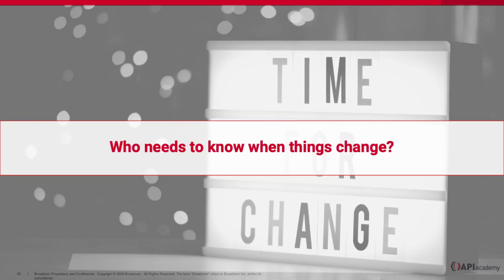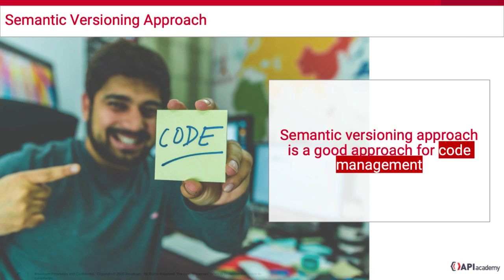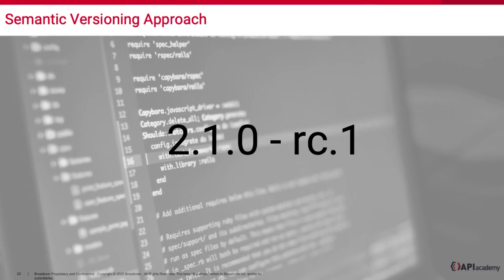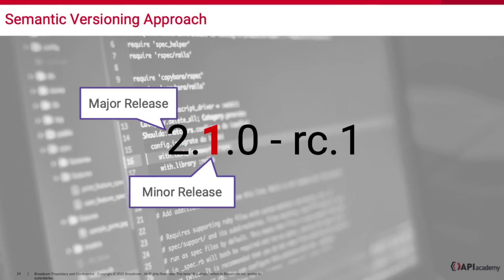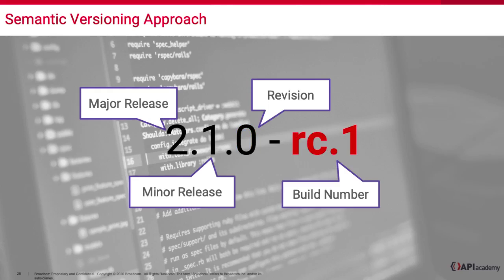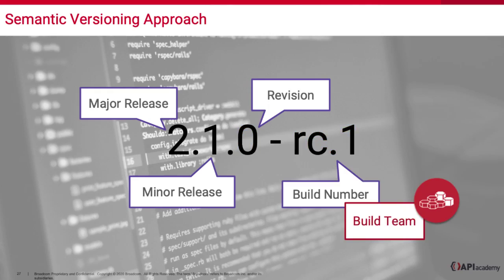So, who needs to know when things change? Let's take a look. There are different conventions for versioning, and the semantic versioning approach is a good approach for code management. For code versioning, there is a major release, a minor release, a revision number, and a build number. The build number is only relevant for the build team.